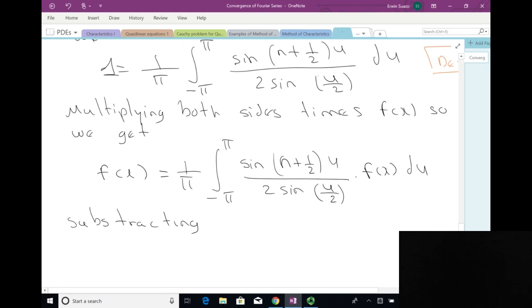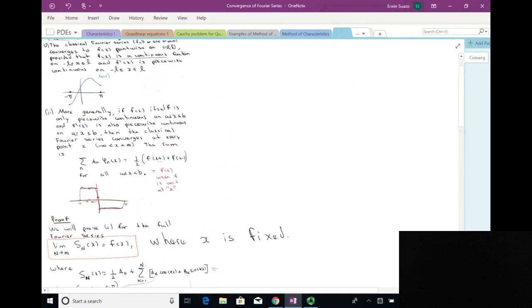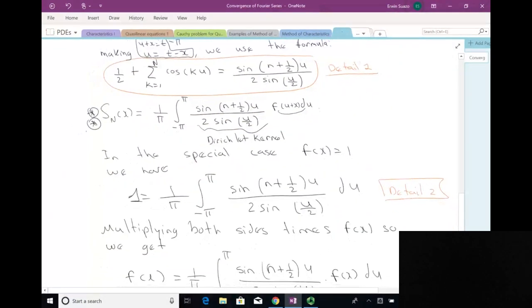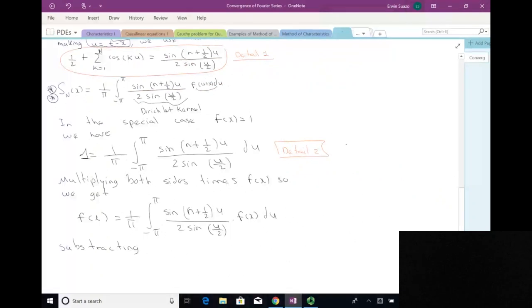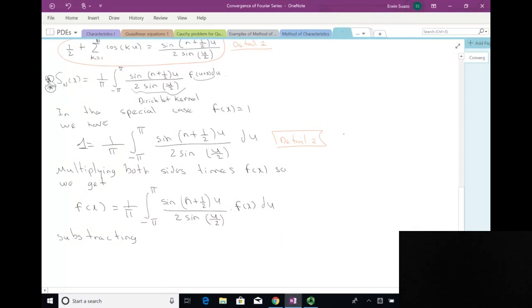Did I call any equation 1? No. Okay, so let me make this smaller, it's getting bigger and bigger. So subtracting, let's call this one 1 and this is 2. Subtracting 1 minus 2.